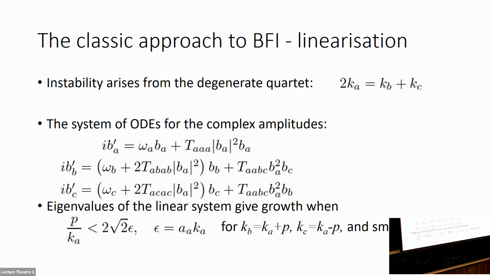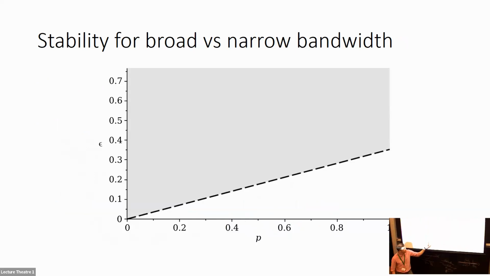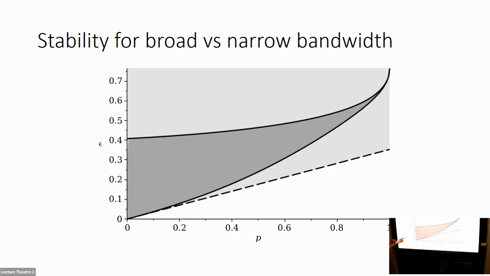So this is the classical result, and it gives you this kind of stability region in terms of mode separation p and epsilon, where you see it never restabilizes here. You've got basically this linear criterion. This is NLS. The Zakharov equation, which is the broader bandwidth generalization, gives you this horn.